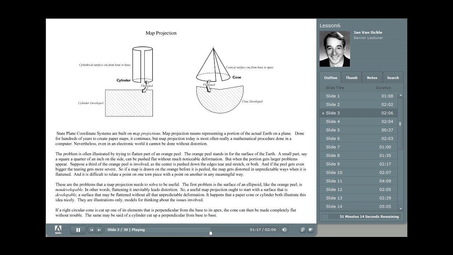And this, of course, is synonymous with what happens with the Earth's surface. As I said, as long as the surface is relatively limited, while distortion is not eliminated, it's not too troublesome. But as the area gets larger, it becomes so.